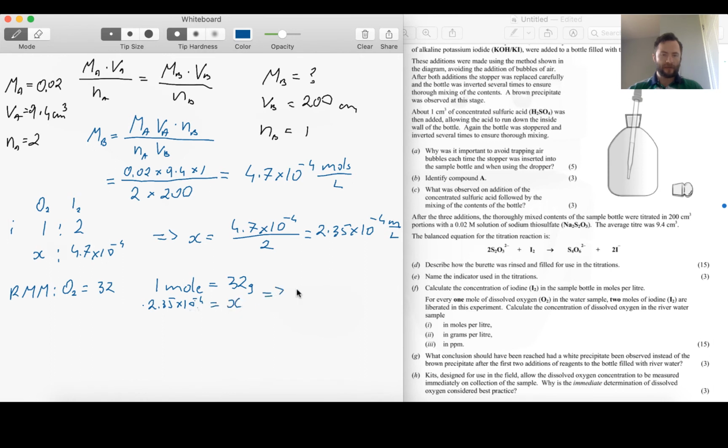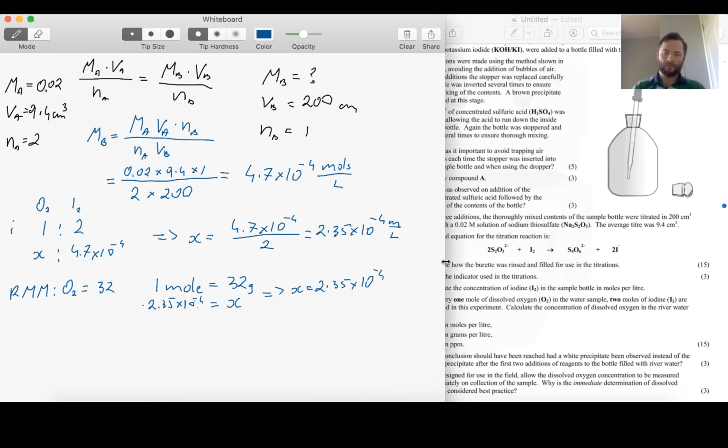So from here, simply x equals 2.35 times 10 to minus 4 times 32, and that gives me a value of 7.52 times 10 to minus 3, which can be written as 0.00752.